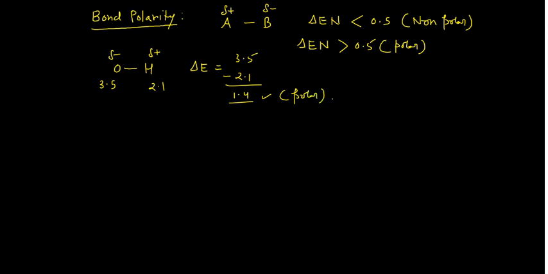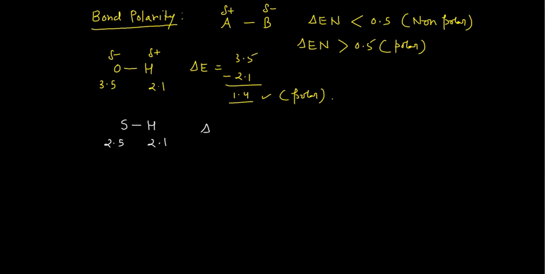Say for example, you have another variant: the sulfur-hydrogen bond. Sulfur has an electronegativity of 2.5, and hydrogen has 2.1.